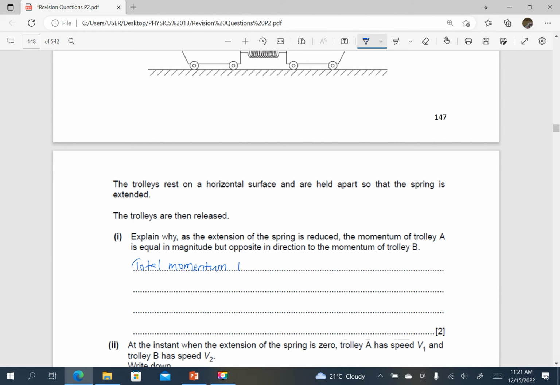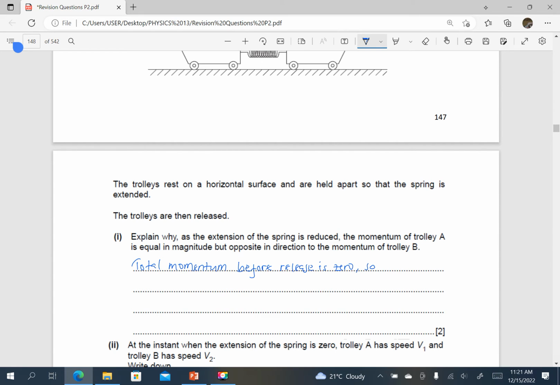Total momentum before release is zero. So the sum of momenta of the trolleys, momenta is now plural, the total sum of the momenta of the trolleys should also give us zero.